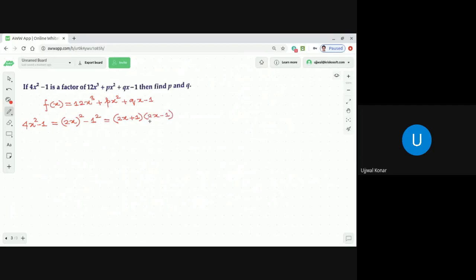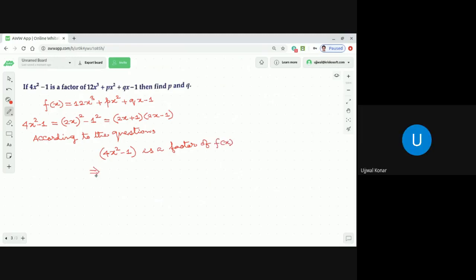Correct? Yes, sir. As 4x square minus 1 is a factor of fx, according to the question, what is given? According to the question, 4x square minus 1 is a factor of fx. Correct or not? Yes, sir.